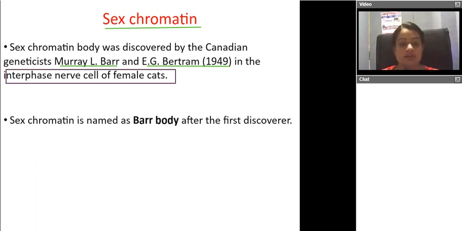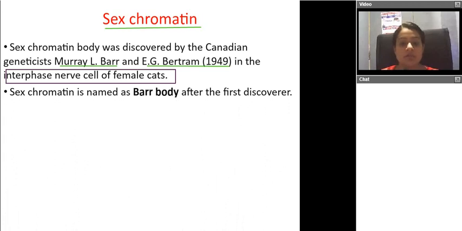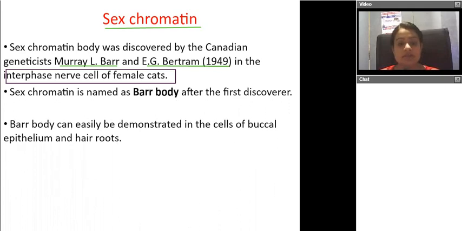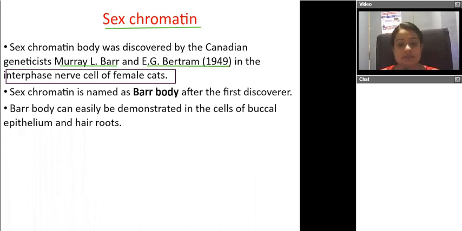This sex chromatin is therefore named Barr body after its discoverer, Murray Barr. They can be easily demonstrated in the cells of the buccal epithelium and their hair roots.